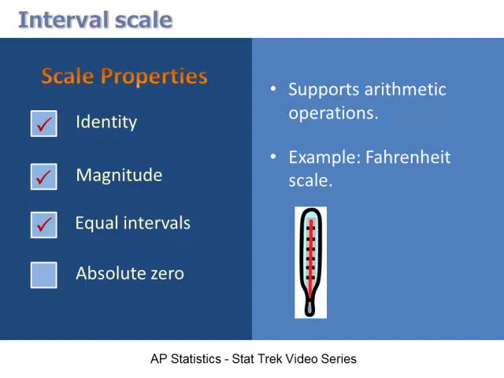This scale is made up of equal temperature units, so that the difference between 40 and 50 degrees Fahrenheit is equal to the difference between 30 and 20 degrees Fahrenheit. With an interval scale, you know not only whether different values are bigger or smaller, you also know how much bigger or smaller they are.